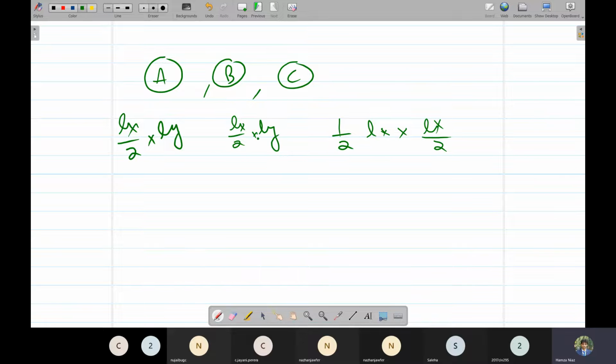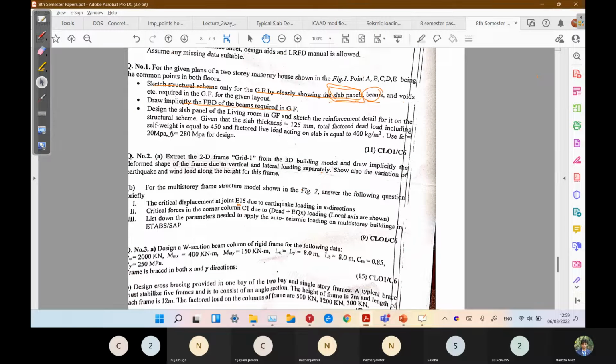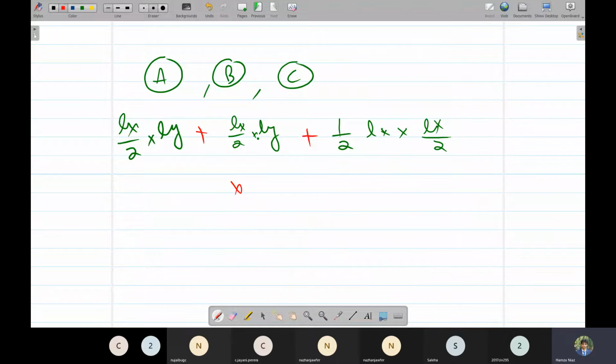And we can simply multiply the area with the length of the beam to get the UDL on the beam. Simply add these areas, multiply by length, and get the UDL on the beam. After getting the UDL, we can find the bending moment as wL squared by 8 because it's a simply supported beam.